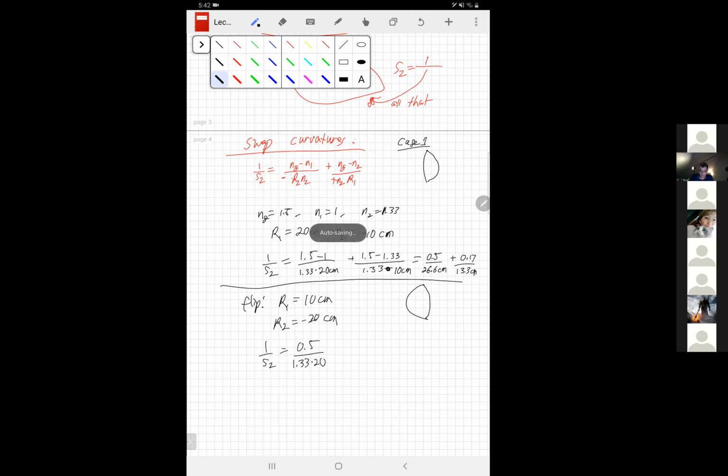No, 1.33 times 10 plus 0.17 over 1.33 times 20. So we finally get 0.5 over 13.3 centimeters plus 0.17 over 26.6 centimeters. Even without running it through a calculator, I can just see that these are different numbers.